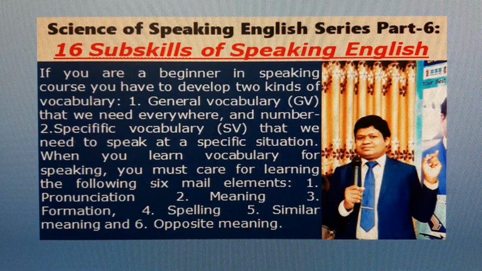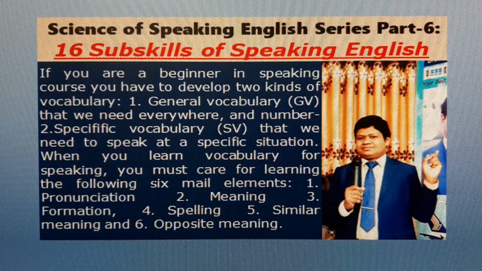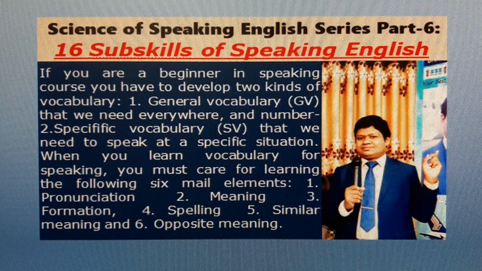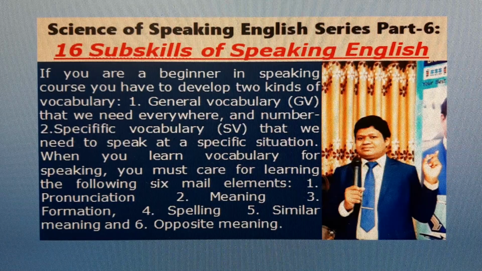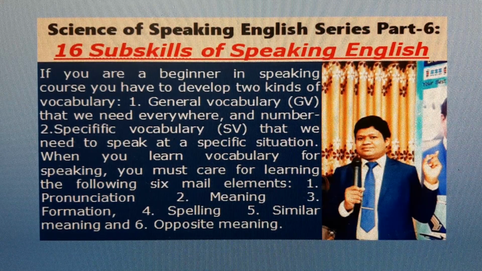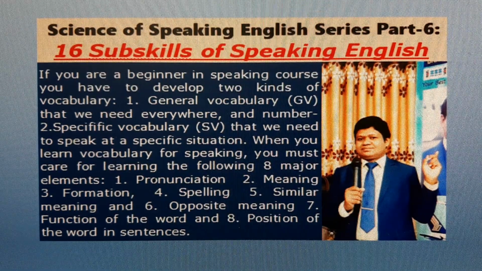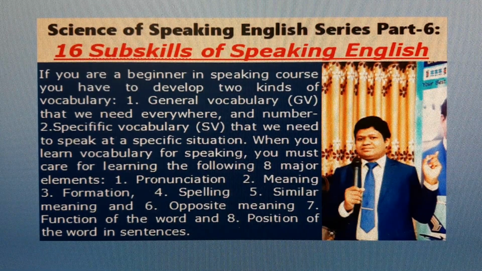If you are a beginner in a speaking course, you have to develop two kinds of vocabulary. Number 1, general vocabulary, that we need everywhere, and number 2, specific vocabulary, that we need to speak at a specific situation. When you learn vocabulary for speaking, you must care for learning the following 8 major elements.